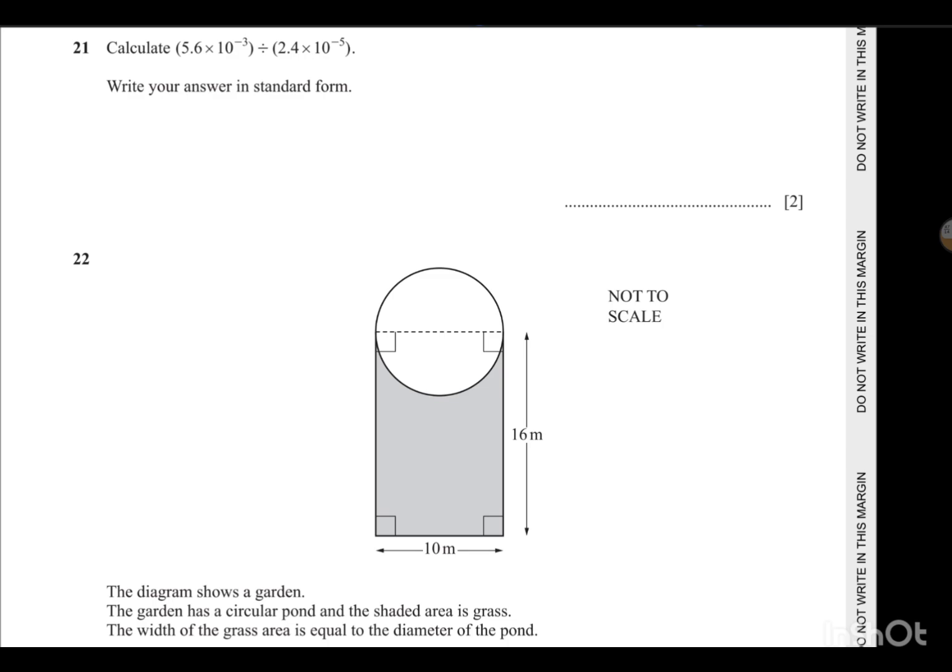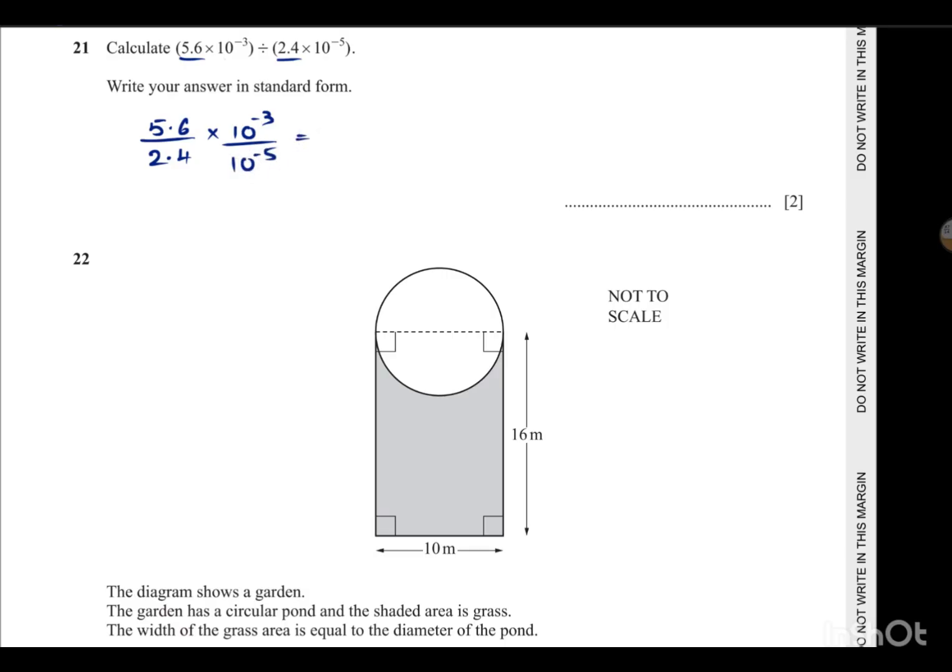If you don't know, then you can directly take these numbers and divide, and the 10 raised to minus 3 and 10 raised to minus 5 need to be done using the exponents and powers rules. So 5.6 divided by 2.4 into 10 raised to minus 3 divided by 10 raised to minus 5.